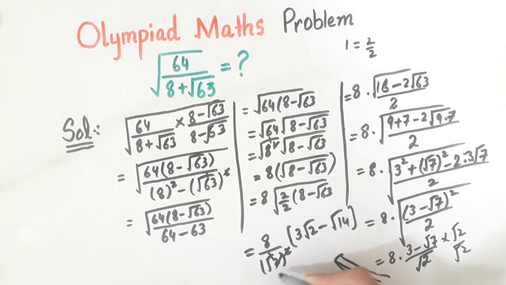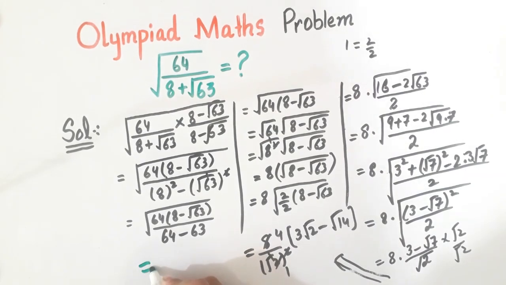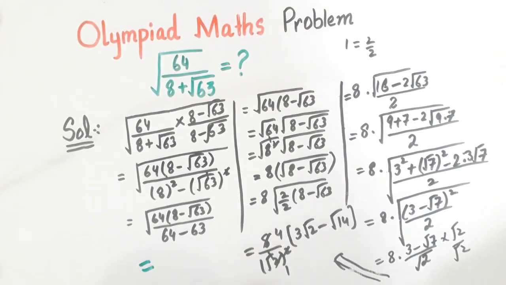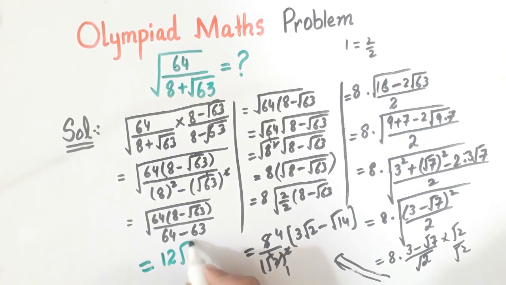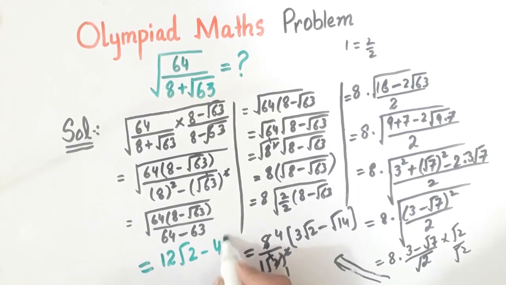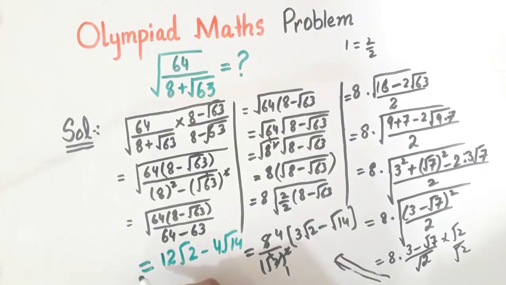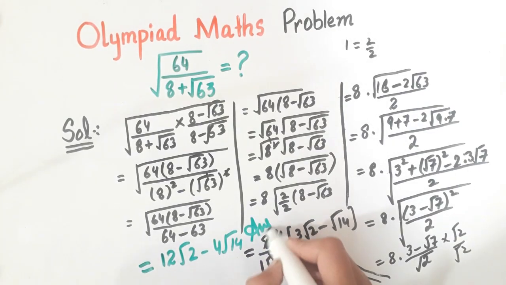Now this is cancelled out and 2 1s are 2, 2 4s are 8. So we will get the final answer of this just by multiplying by square root 2 and write the final answer here. This is equals, 4 is multiplied by this, 12 square root 2 minus 4 square root 14. So this is the final answer.